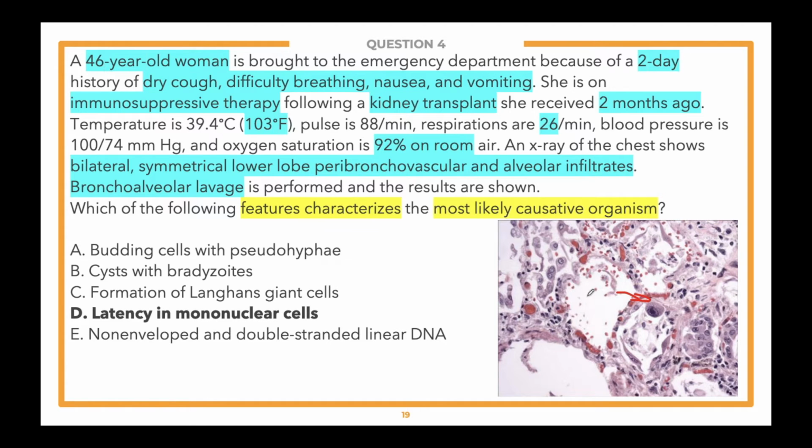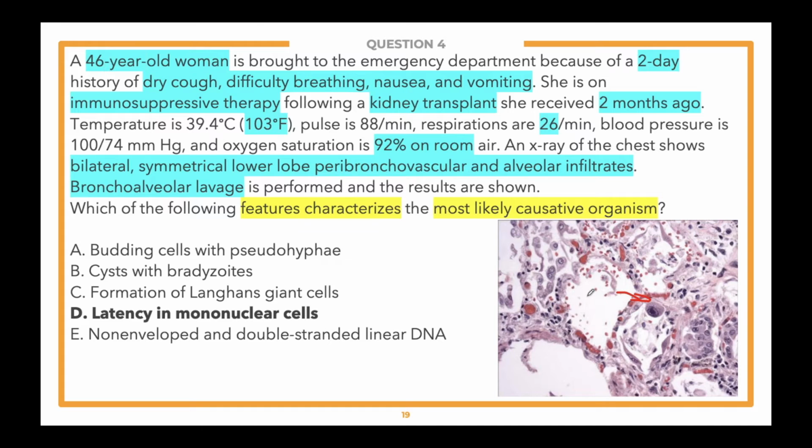This patient probably also has CMV pneumonia or pneumonitis. This patient has difficulty breathing, low oxygen saturation, and there are some infiltrates in the lower lobes. So this is a concern. CMV infection is a concern in kidney transplant patients, and the findings in that image would point towards CMV.